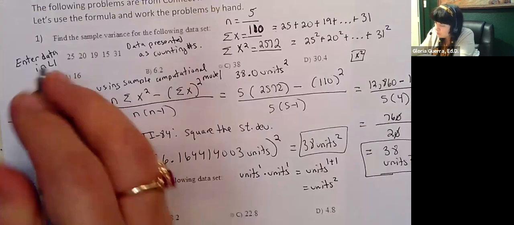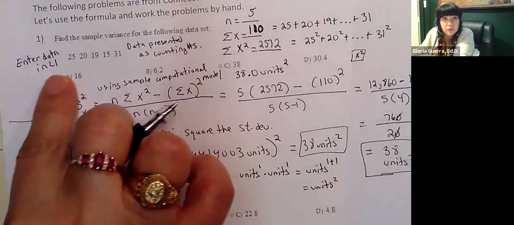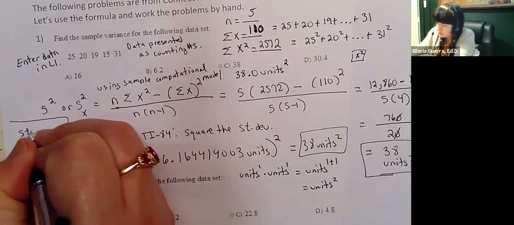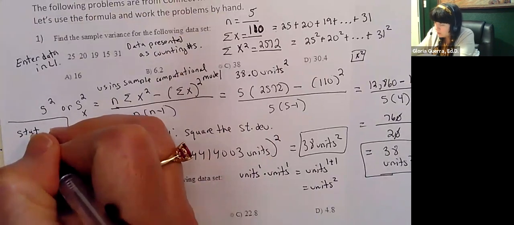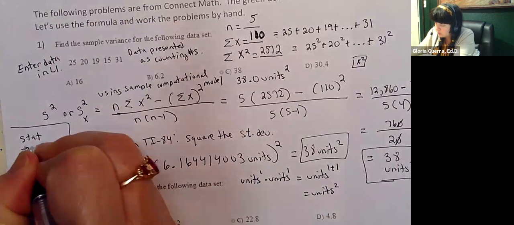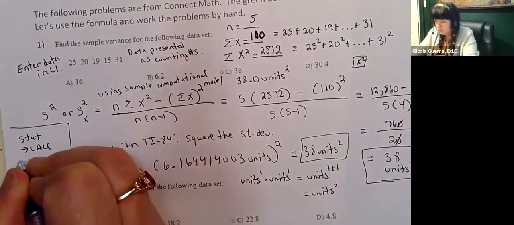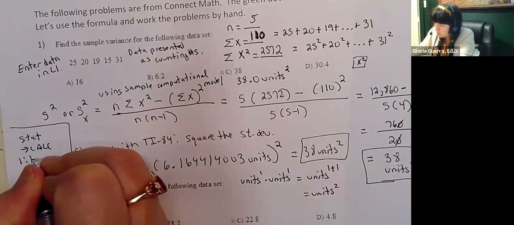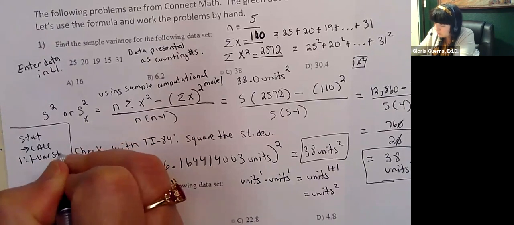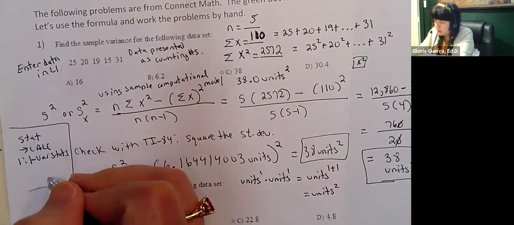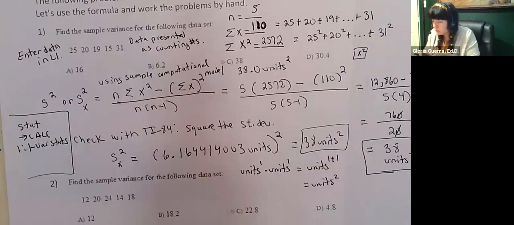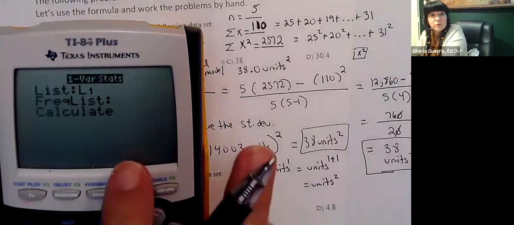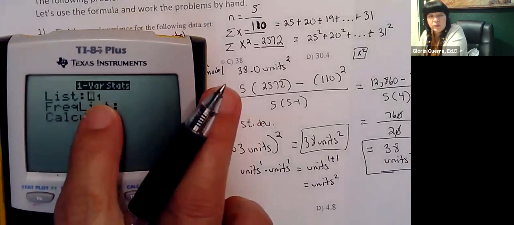Remember you entered your data in L1, remember? And then basically we went to stat, and then we tabbed to calculate, and we went to one variable stats, and then under list we put L1.